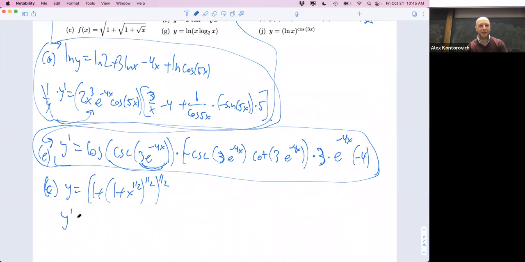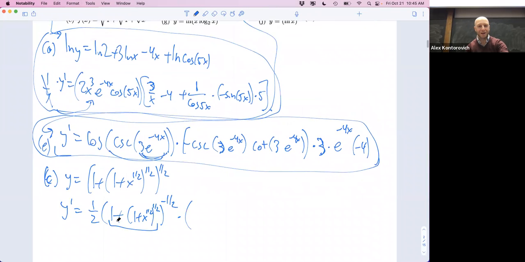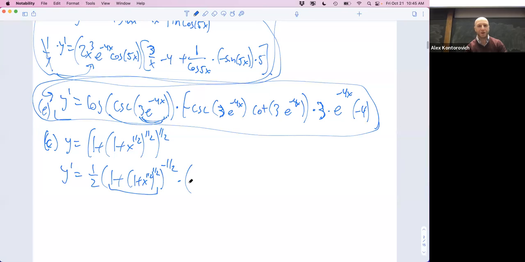Well, the outermost one is 1/2 times this whole thing to the minus a half. This whole thing is this to the half. And now I have to differentiate what's inside. Well, the 1 is a constant, so its derivative is 0. So I just have to differentiate this.